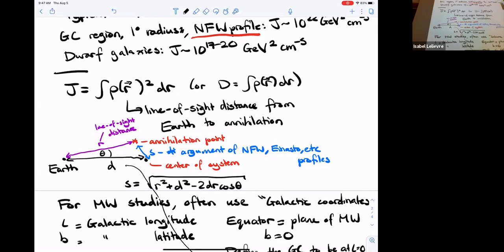And depending on the degree to which that is true, they may end up totally dominating the signal. And so then your signal is being totally dominated by small structures that are impossible to simulate in cosmological simulations. So this is why there are substantial uncertainties.